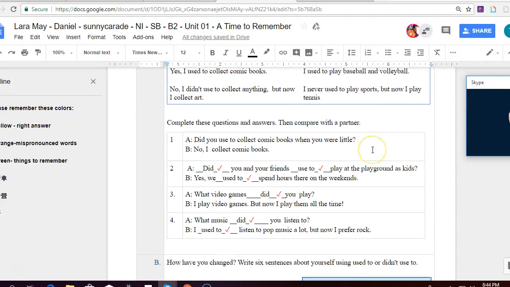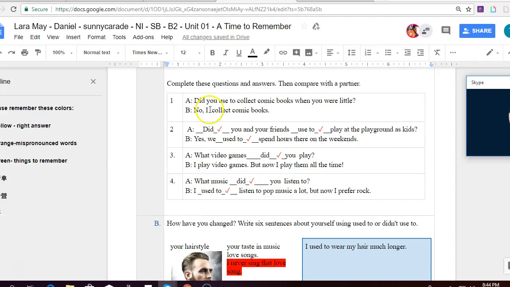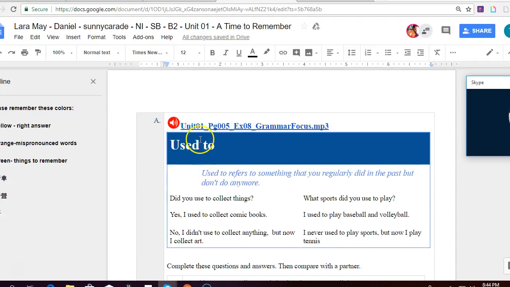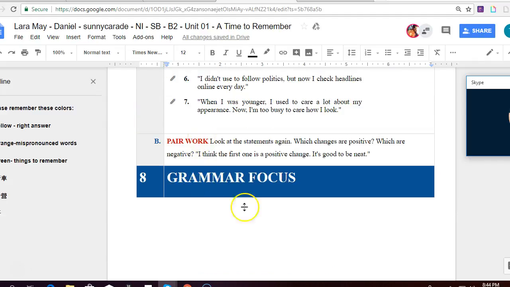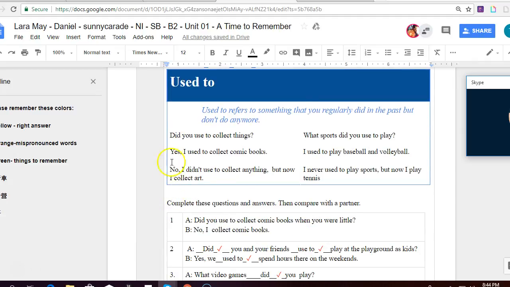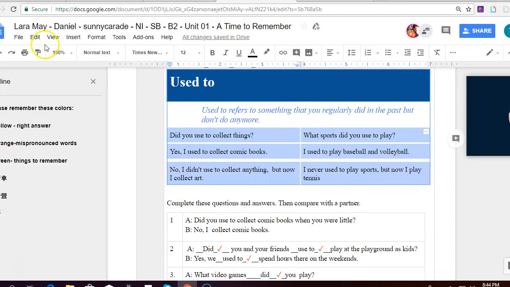So, can you please move your mouse upward on the lesson 8 grammar focus? The first lesson that we had, the grammar focus, lesson 8 grammar focus.